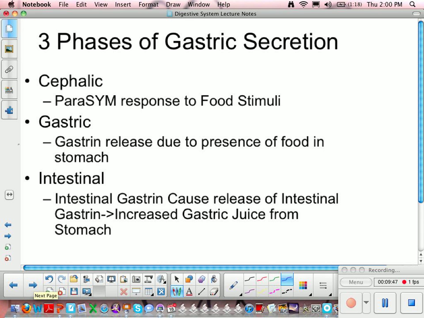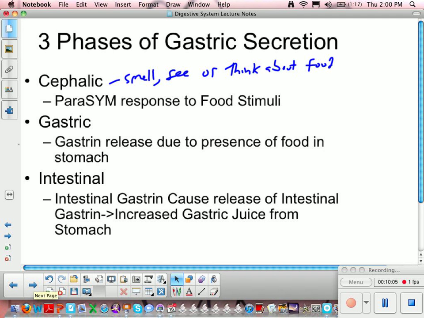The first one is the cephalic phase, and this one happens when we smell, see, or even think about food, the cephalic region. So this is a parasympathetic nervous response to the food stimuli. This will cause stomach acid to be produced. It'll cause saliva to be produced. It's what gets everything moving.